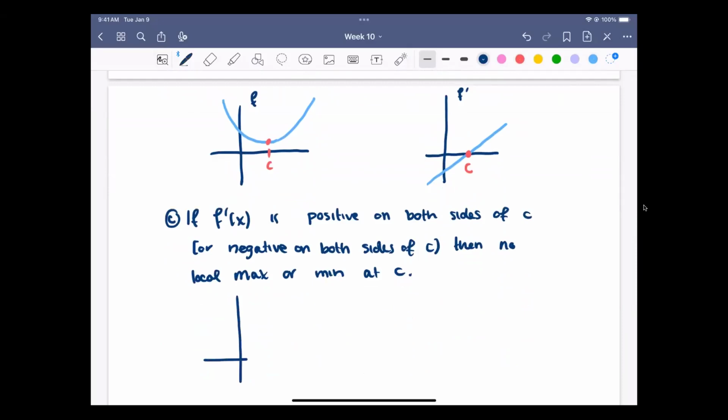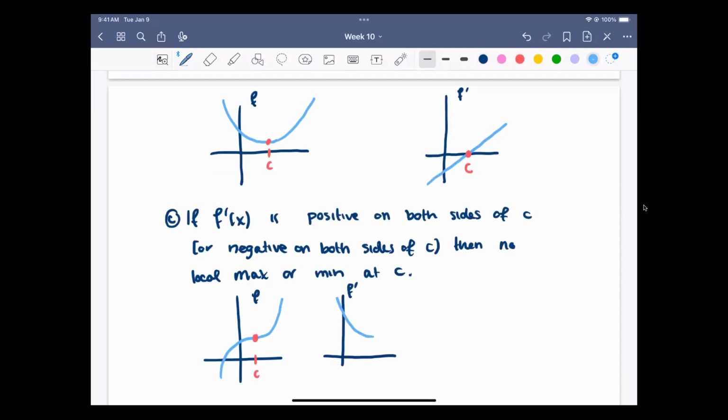Here's how something like that might look. C is a critical number, so that means the derivative is either 0 or doesn't exist. It could look something like that. Here you do have a horizontal tangent, but we are increasing on both sides. So this is my f. And then what does my f prime look like? Might be something like this.